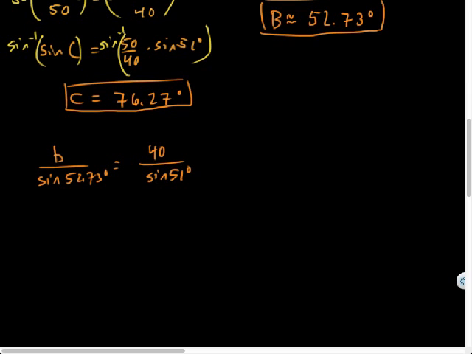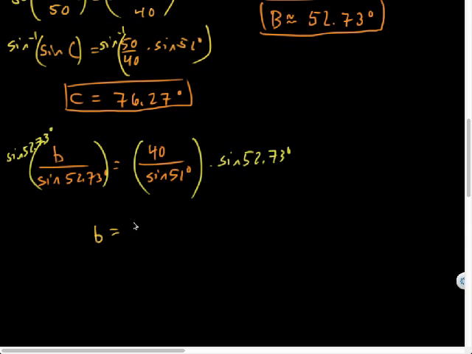To solve this, I multiply both sides by sine of 52.73 degrees, and I get little b is about 40 times sine of 52.73, divided by sine of 51, close parentheses, and I get 40.96.